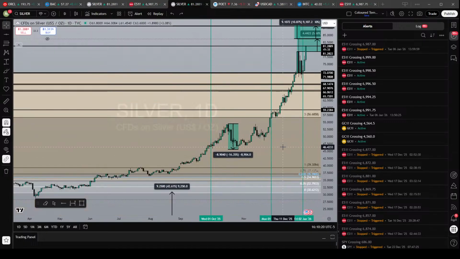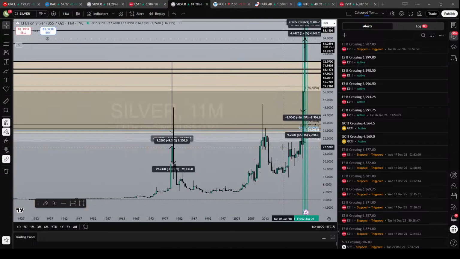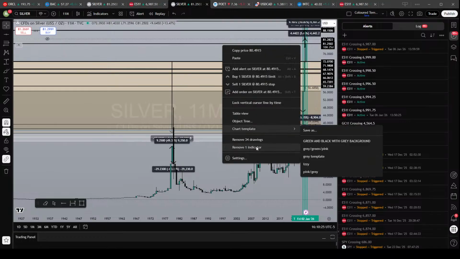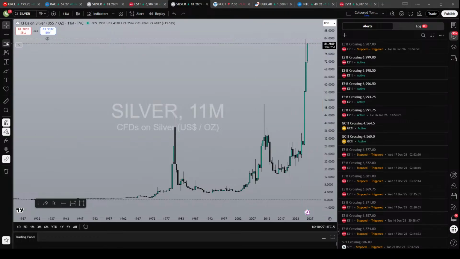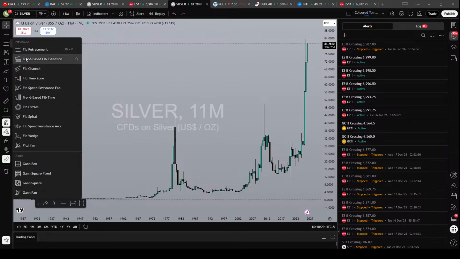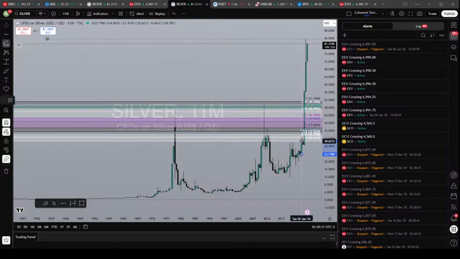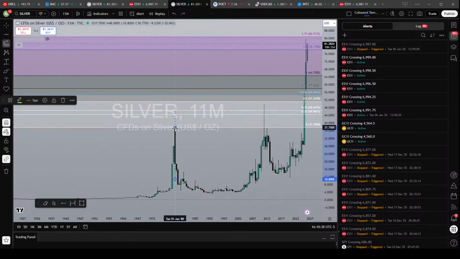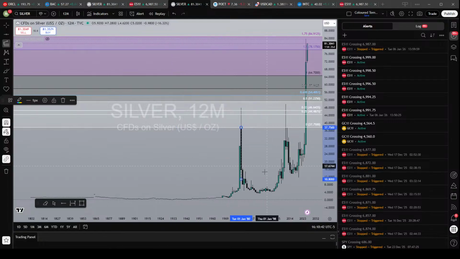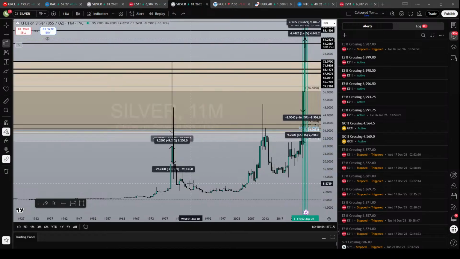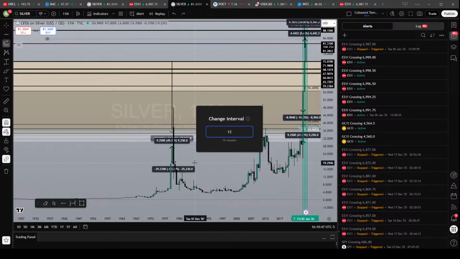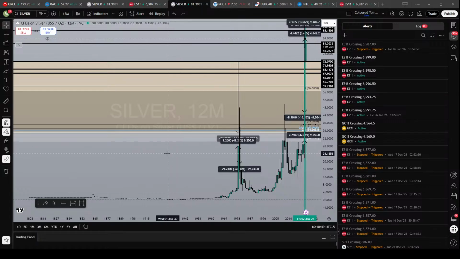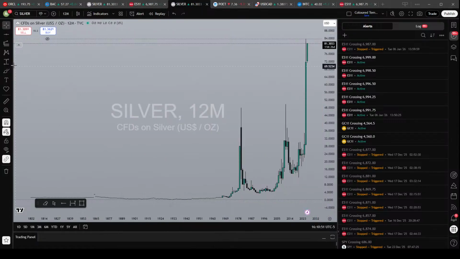If you want to use a fib on silver, I don't remember the one that I applied on here, but I'm pretty sure we just used the fibs off here. Or sometimes if you want to use an exhaustion fib, you could use the one off the previous all-time high exhaustion candles. Do you see this? I'm using the 11-month because of the structure on the 11-month, but if you wanted to keep it simple and use the 12-month structure, you could.